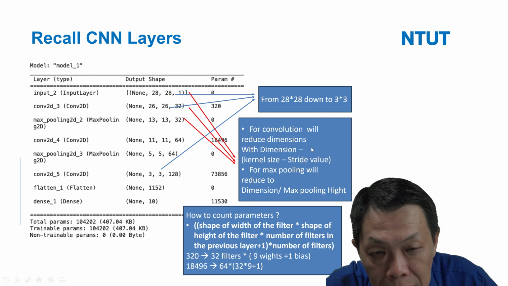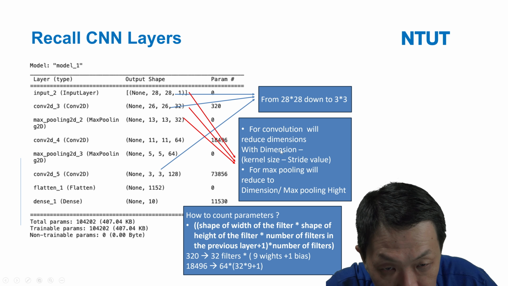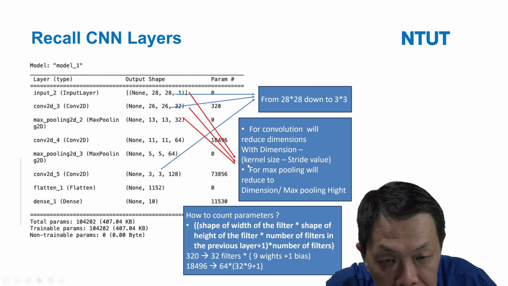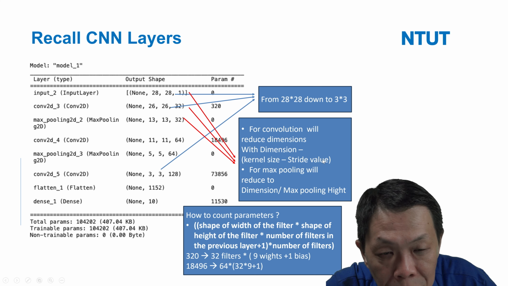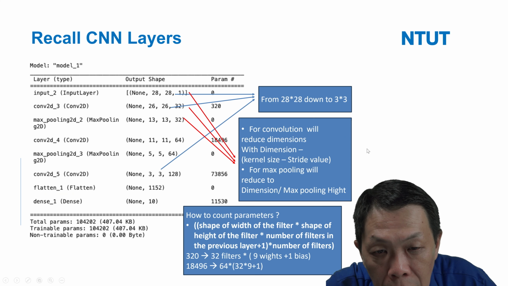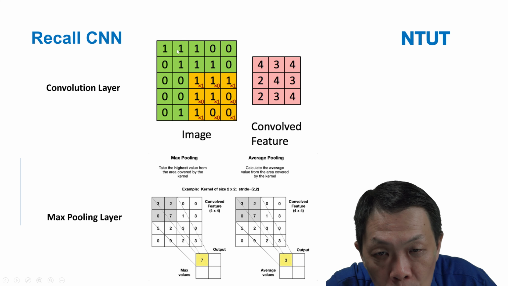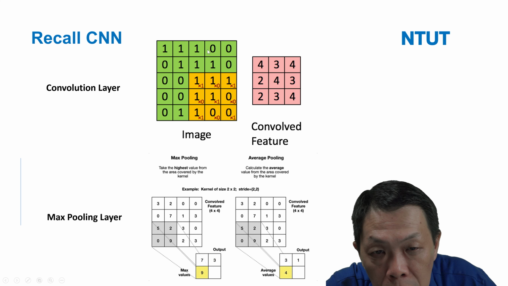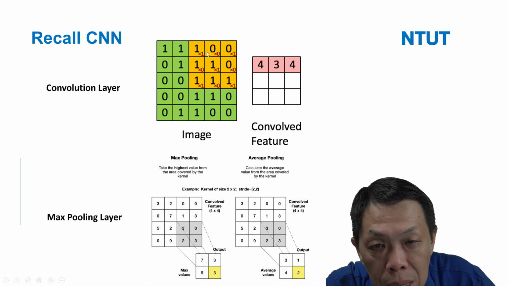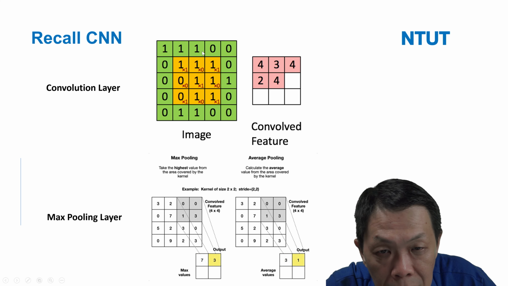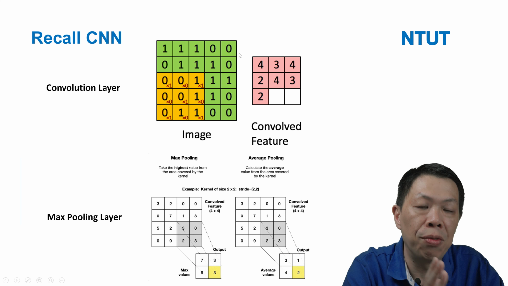the convolution will downsize the dimensions based on the equation: dimension minus (kernel size minus stride value). If you remember, once we scan the images, for every stride we generate new images, until the kernel hits the very right of the matrix.